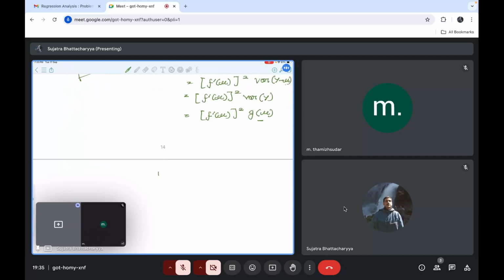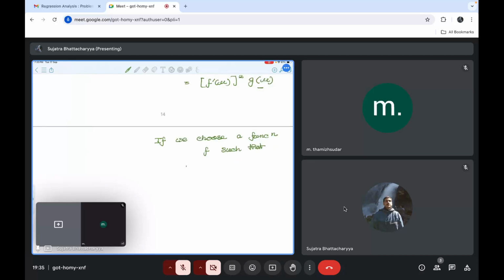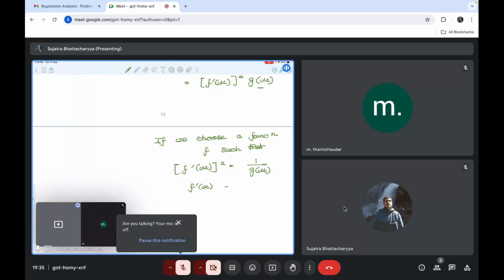Now, if we choose a function f such that f dash of mu whole square is actually 1 upon g mu, then f dash mu can be written as then what? 1 upon root g mu, correct?